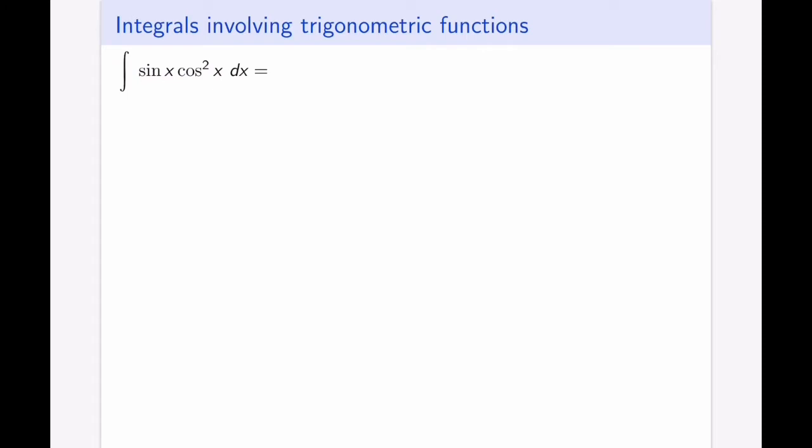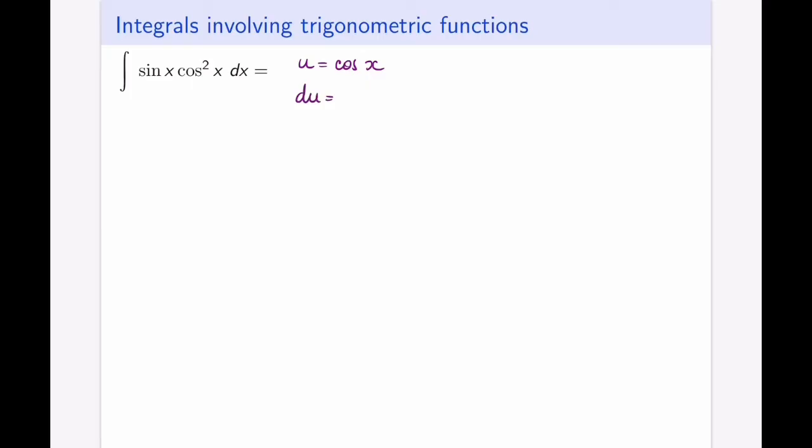In fact, if we substitute u is equal to cosine x, dx and sine x will actually form du. So this is quite convenient, and therefore this integral can be solved using a simple substitution. Yes, it's a substitution that involves a trigonometric function, but as the actual integration technique, it is only a substitution.